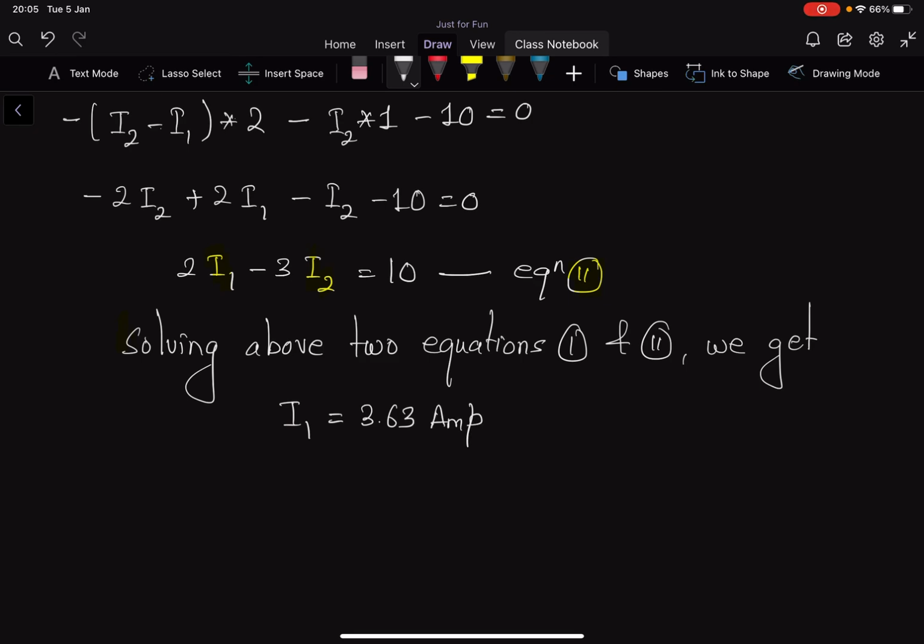Remember the direction of this I1? The direction of I1 was clockwise, like that.